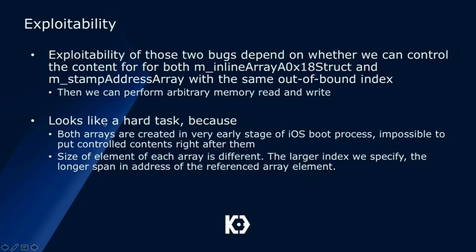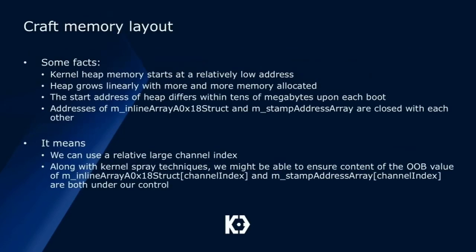This is because both arrays are created in a very early stage of the iOS booting process, and it looks impossible that we can put very controlled contents right after them. The second reason is that the size of the element of each array is quite different. The larger the index we specify, the longer the span in the address of the referenced array element. So that's not very good news.